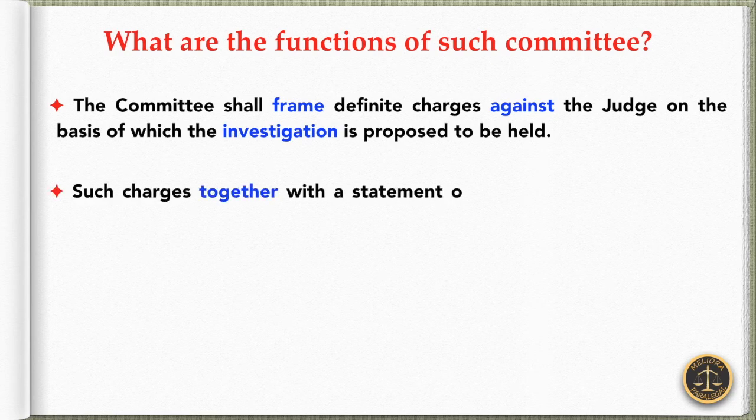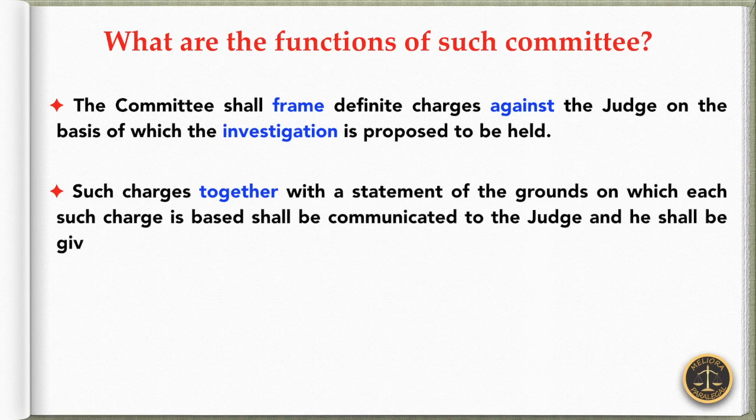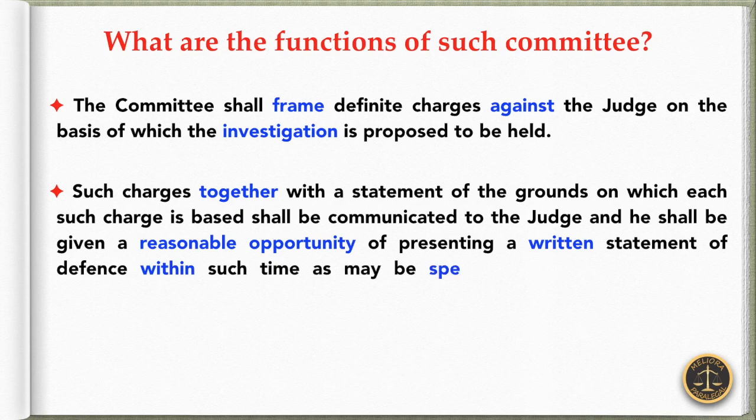Such charges, together with a statement of the grounds on which each such charge is based, shall be communicated to the judge, and he shall be given a reasonable opportunity of presenting a written statement of defense within such time as may be specified in this behalf by the committee. So it means once a charge is framed, the respective judge must be given a reasonable opportunity to prove himself or herself innocent in a given period of time.